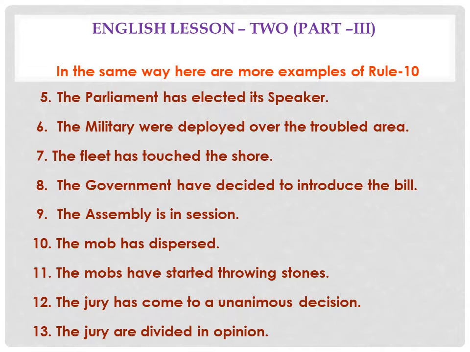So try to understand rule 10, and you will be able to understand the applicability of all these verbs here. We are going to end this session here and we'll move to the next session on the next slide. Thank you.